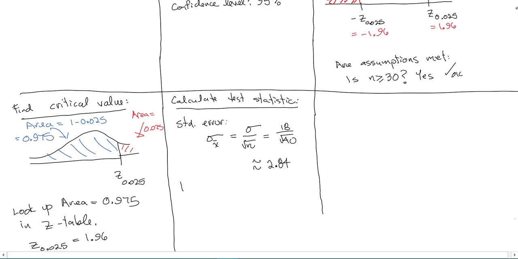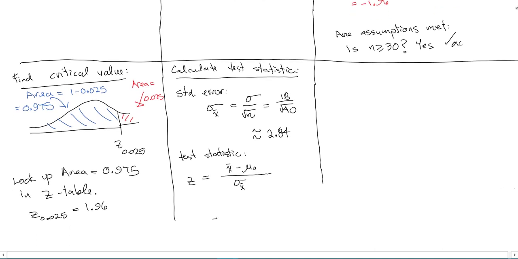Okay, and so then to do the test statistic, what we do every single time in every different type of hypothesis test is we subtract whatever we're comparing and we divide by the standard error. That's the way it always works. So in our case, our test statistic we can call z. This is my x bar minus my benchmark, divided by my standard error.